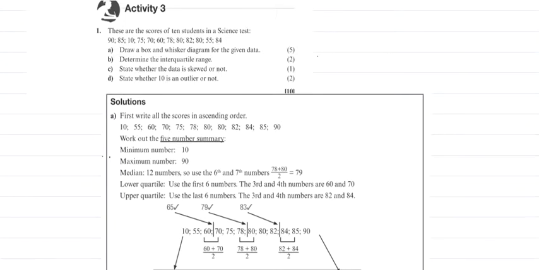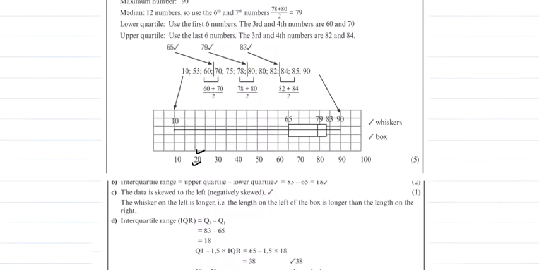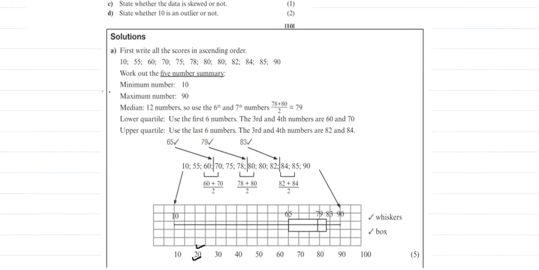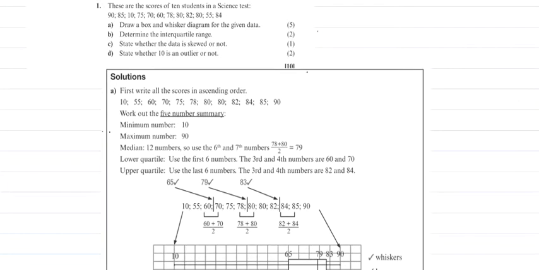Now, working out the median, which would be the 5th and 6th number, so 1, 2, 3, 4, 5, we're looking at 78 and 80 as our middle two numbers. We add them and divide by 2 in order to get the median.